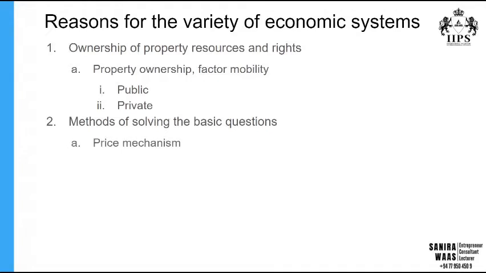We can find three main ways to solve these basic questions. The first is the price mechanism, the second is the central planning authority, and the third is a mixed method.